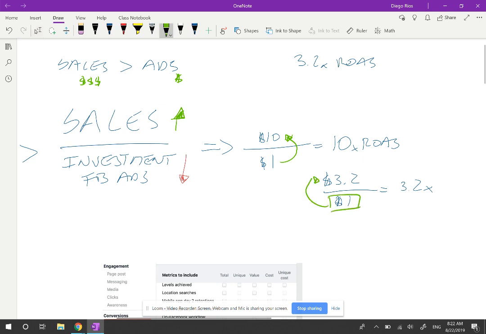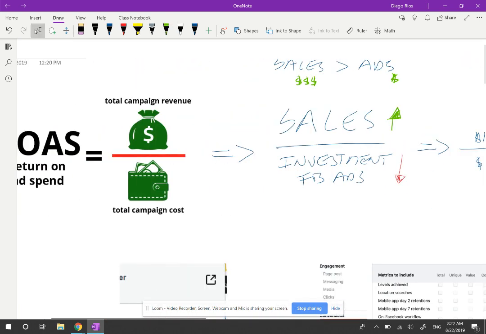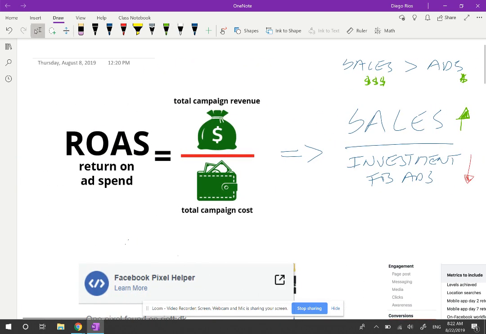And this is key because you can use this to measure campaign performance, to build audiences, especially if you're doing e-commerce. And you can use this as well to calculate what campaigns are being the most efficient.